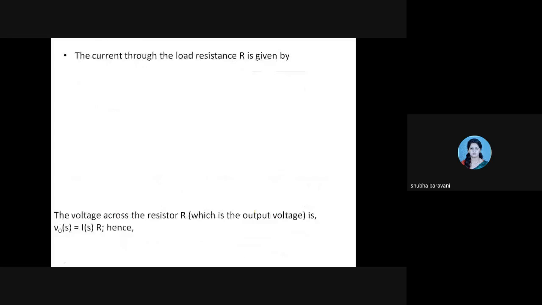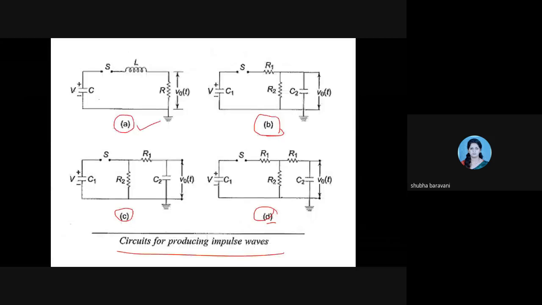Now see here, this circuit. You already know this. You apply a KVL here. When you apply KVL, what happens? The current through the load resistor R, we have to calculate the current I. To calculate the current I, start by applying KVL.